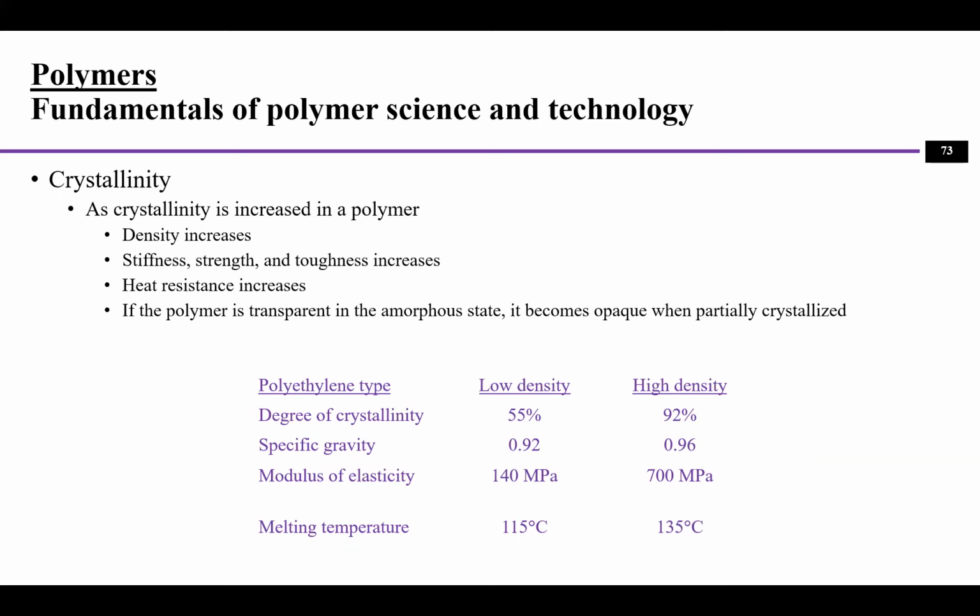And depending on the degree of crystallinity, you can see there are different polyethylene types, right? Low density versus high density polyethylene, and they also give different properties. For example, specific gravity, Young's modulus, and also melting temperature will be different depending on the degree of crystallinity.